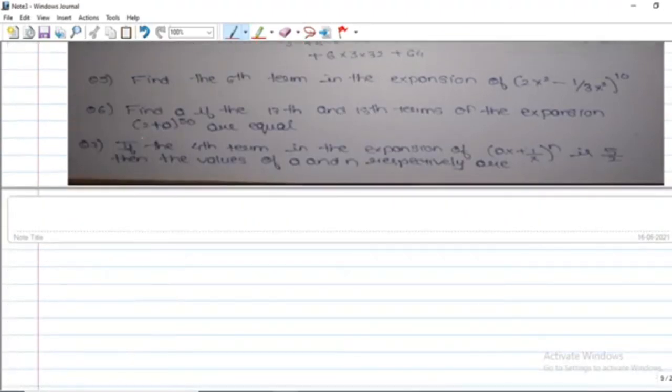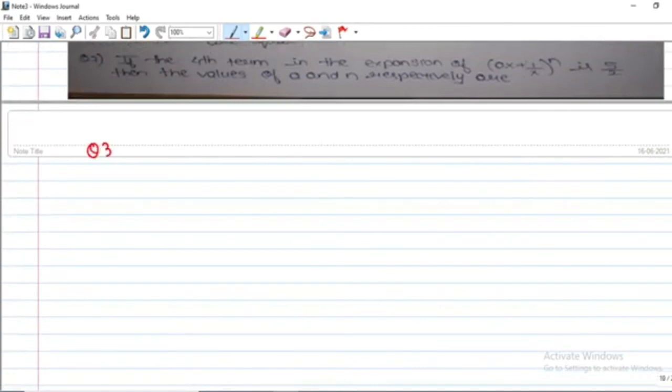So question number 3 was very easy, by observation we can clearly say that its expansion is nothing but the expansion of x plus 2a the whole power 5.